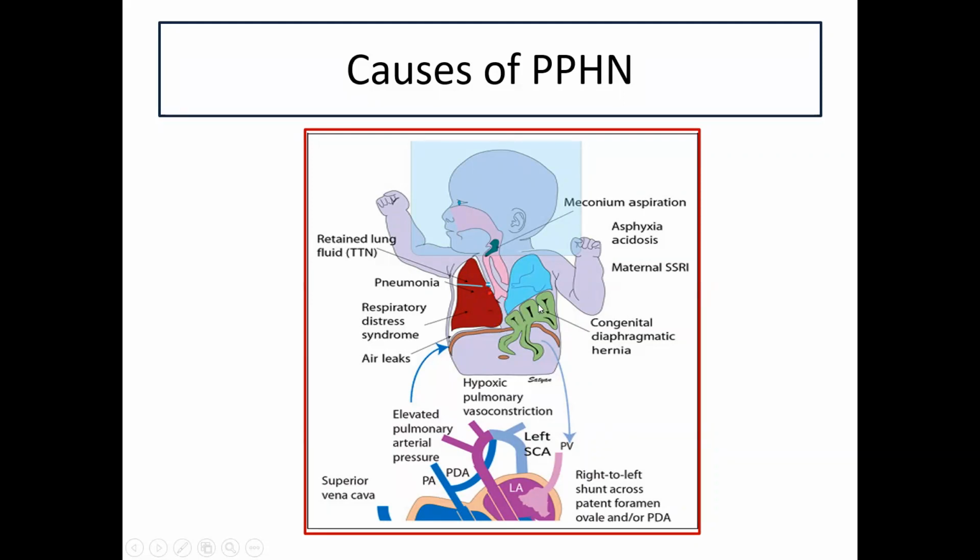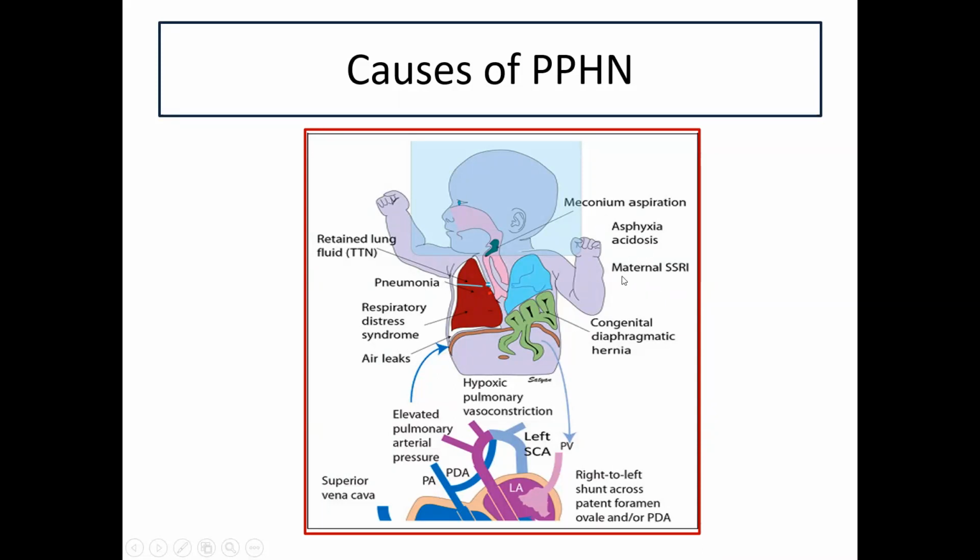On the other hand, you can have lung malformations such as diaphragmatic hernia, where you have massive herniation of the intestine, the bowel loops, into the chest, and compression of the lung resulting in pulmonary hypoplasia and PPHN. We may also see PPHN secondary to maternal drugs such as selective serotonin reuptake inhibitors, SSRIs, and NSAIDs.